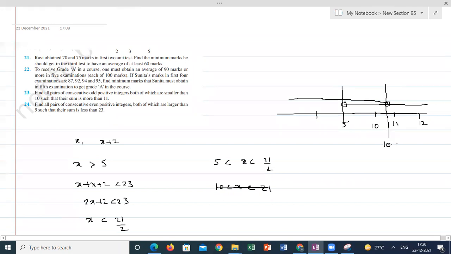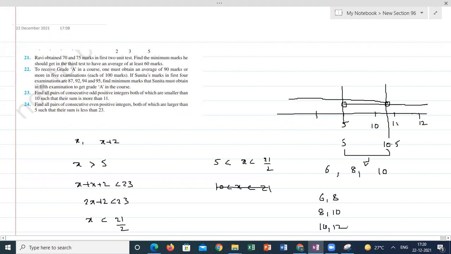After 5, 6 is the first even number, then 8 and 10. So what is the first set? 6, 8 is one set, 8, 10 is another set, 10, 12 is another set.